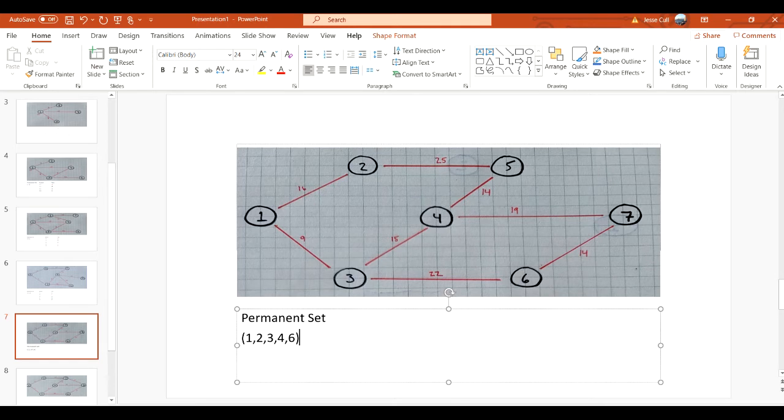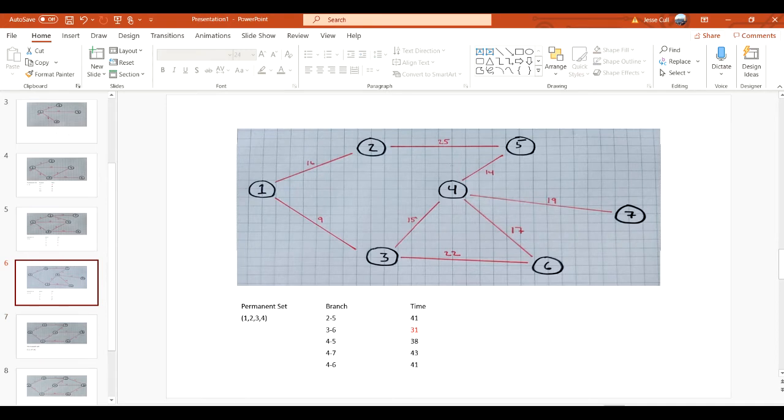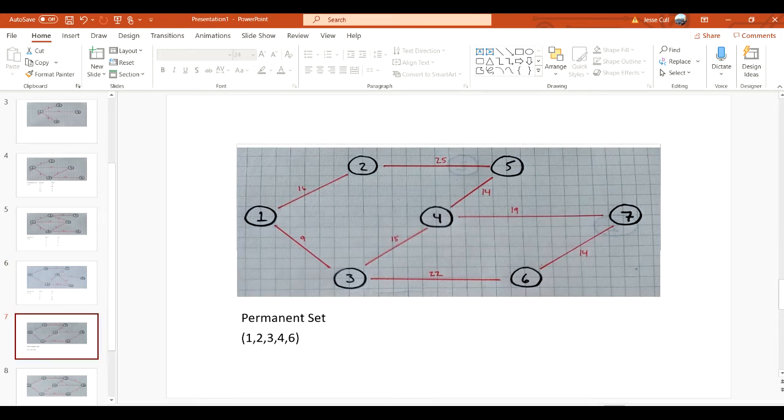Because we're at node number 6 now. We've eliminated 4-6 because if we look here, we have 3-6 is 31, 4-6 is 41, meaning 4-6 can never be fastest. 3-6, 4-6, this will never be the fastest route. So we eliminate this and we redraw our graph.